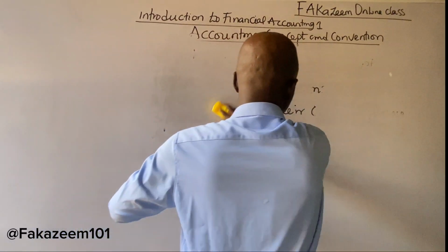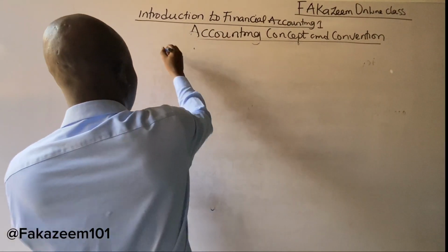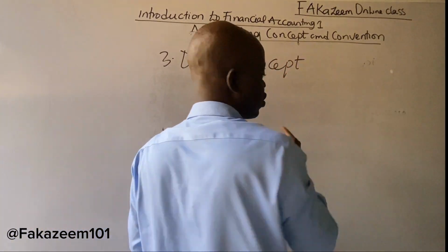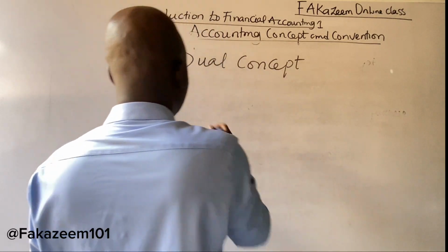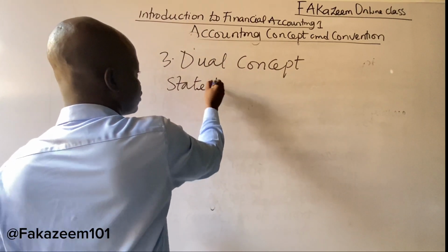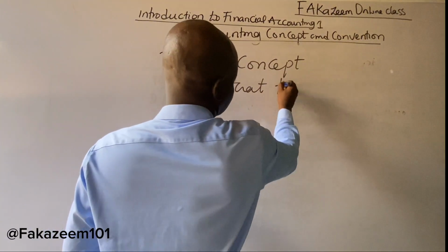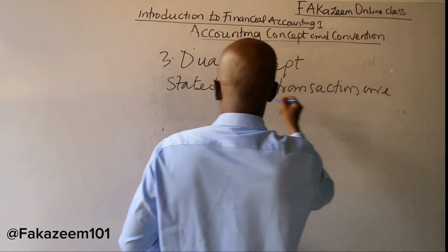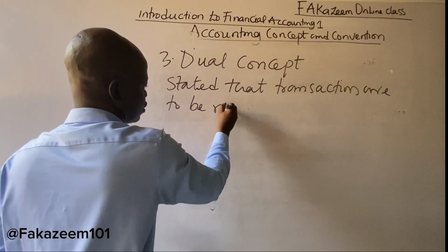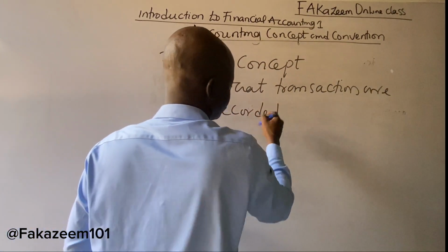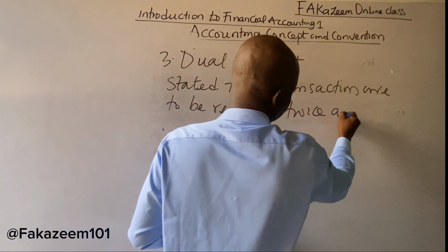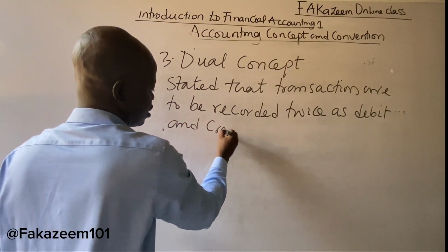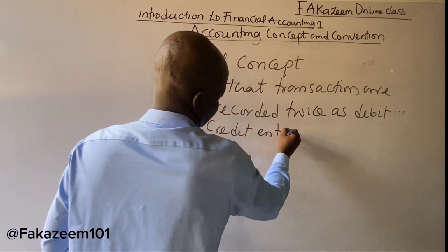The next accounting concept we will be looking at is dual concept. What is dual concept? Dual concept states that transactions are to be recorded twice as debit and credit entry.